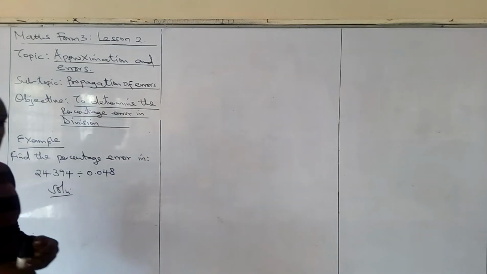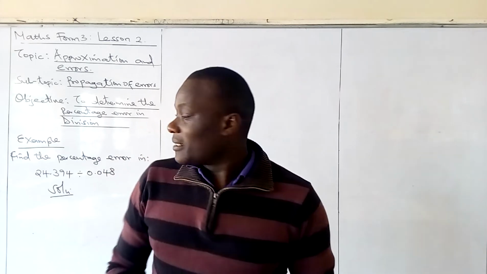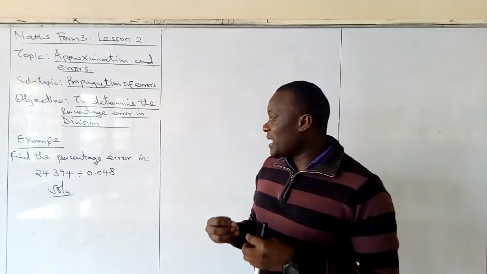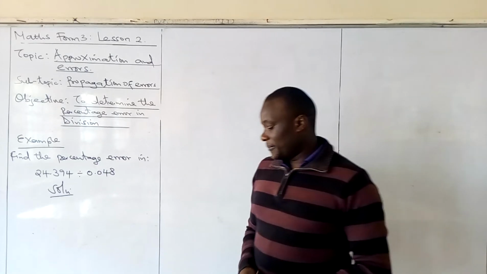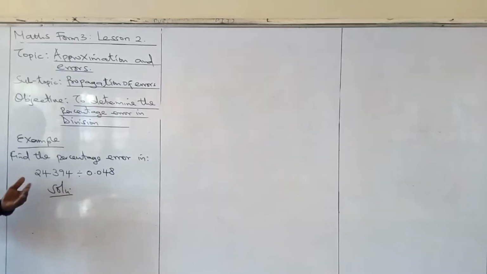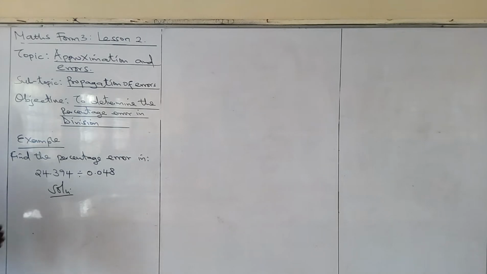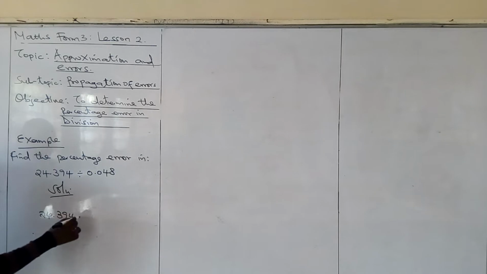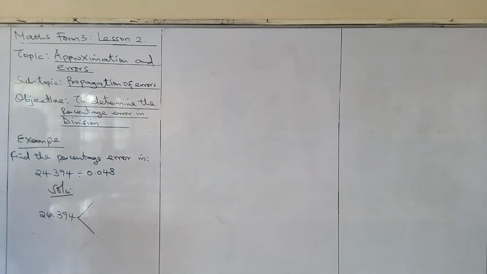Where we start from is finding the upper limit of each given number. Look at the first number, 24.394. What will be our upper limit? We must obtain the absolute error, which is a half times 0.001.